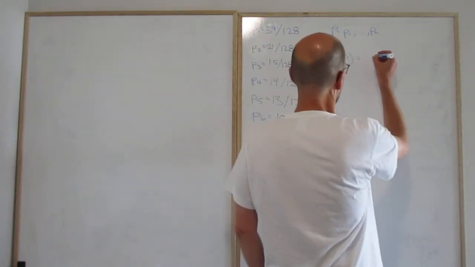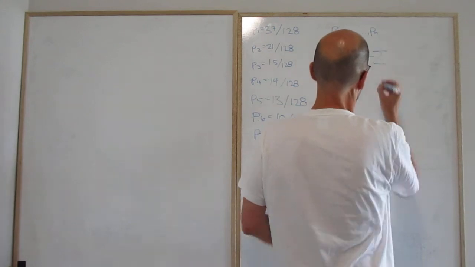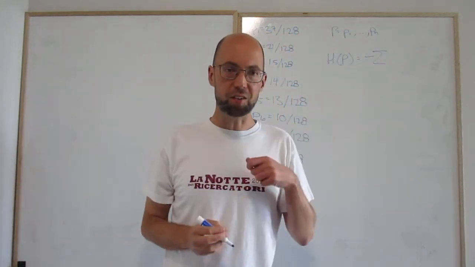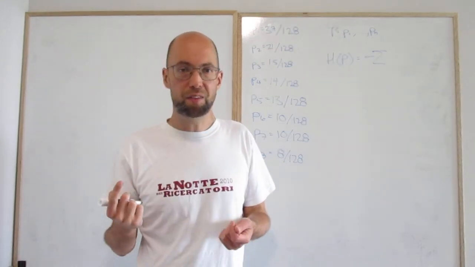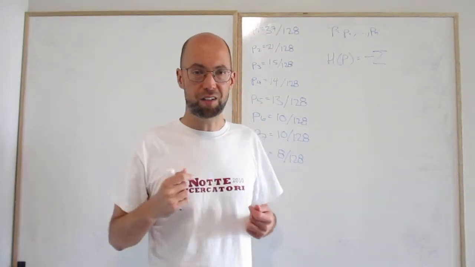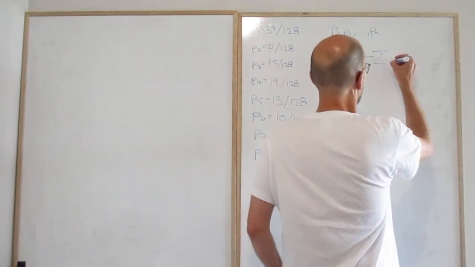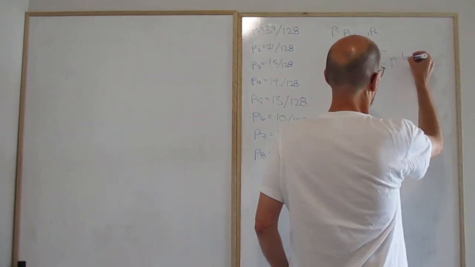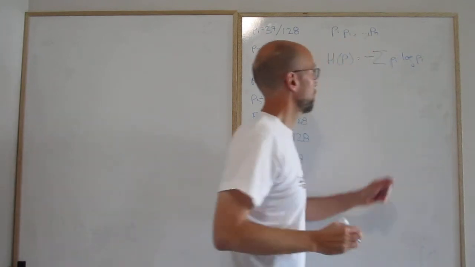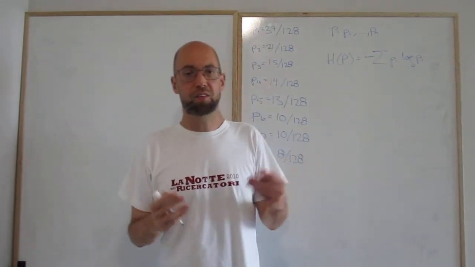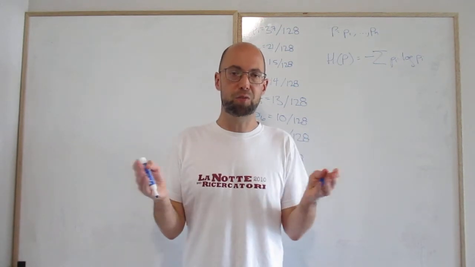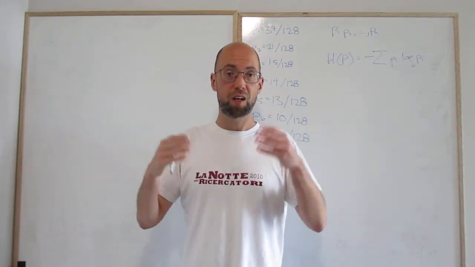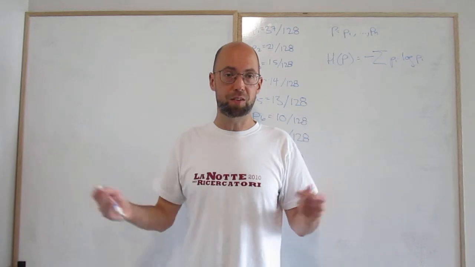which is, well, a lot of electrical engineers tend to put the minus sign out in front. We just flip the fraction in the log. So this is sum of pi log 1 over pi. So he gave these axioms of uncertainty, saying like, okay, if all the probabilities are uniform, then the uncertainty increases as the number of possibilities increases.